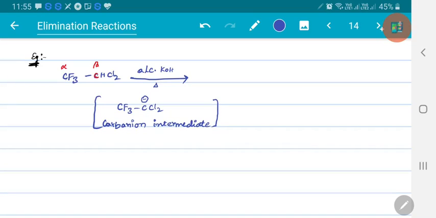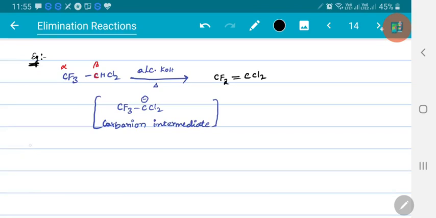After getting that, this has to shift here and fluorine has to leave. So this leads to formation of CF2=CCl. So this is the product obtained, right? This is how the E1CB mechanism occurs.